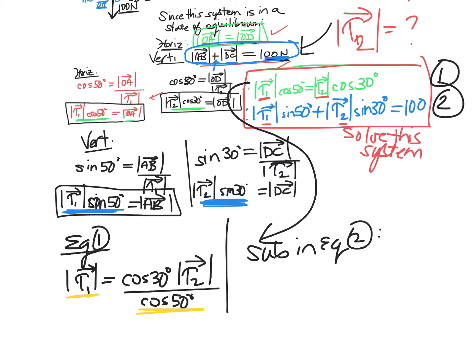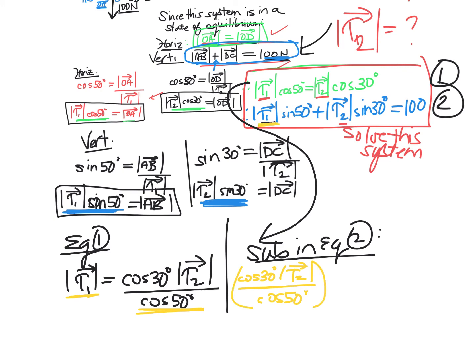In equation 2, in the place of the tension 1 vector, I'm going to sub in this yellow expression. So instead of tension 1, I'm going to put in cos 30 times the magnitude of the tension 2 vector divided by cos 50, in place of the magnitude of T1.